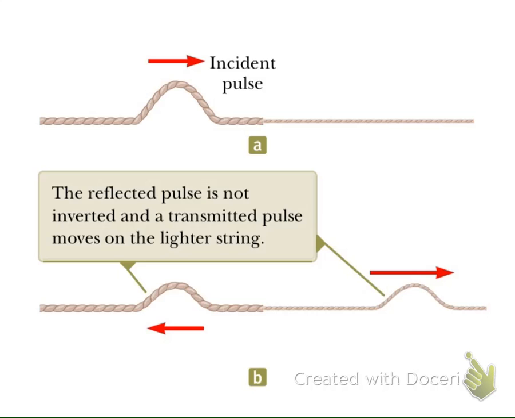Now let's consider the case that the pulse moves along the medium that has the larger linear density than on the right. Again, when the wave hits the boundary, there is a reflected wave and a transmitted wave. In this case, you can see that the boundary can be assumed as a free boundary.